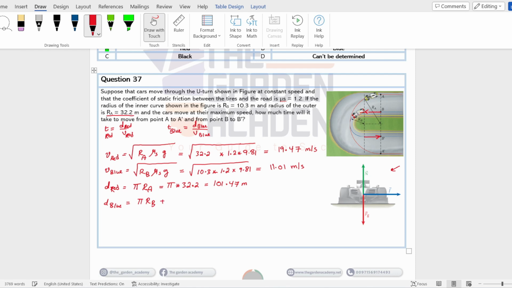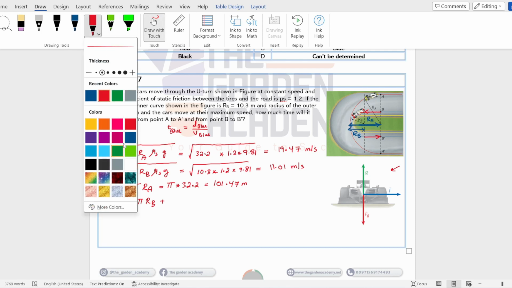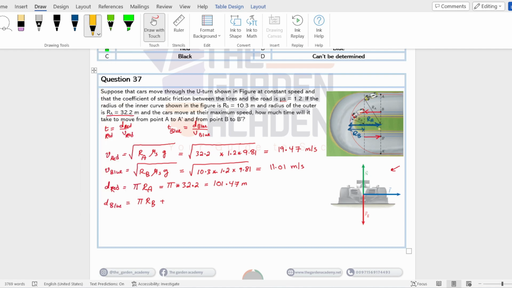Plus, we have to find those two lines, basically. How to find them? It's basically the radius of this part, which is RA, minus RB. So this is RA, and this is RB. If we subtract both values from each other, what do we get? We get this distance from this point to this point, which is RA minus RB.